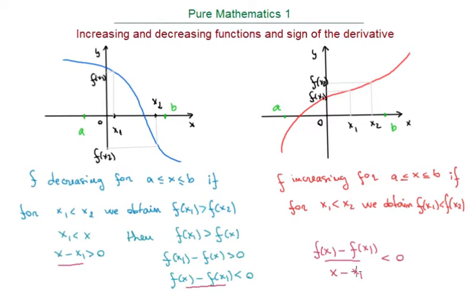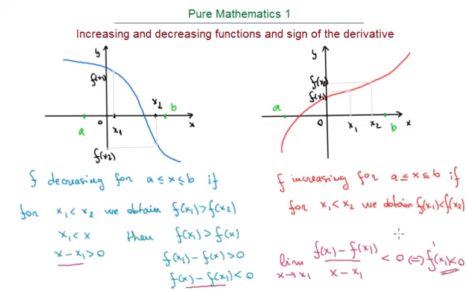Suppose we add to this the limit when x approaches x1. The limit when x approaches x1 of f of x minus f of x1 over x minus x1 is actually the derivative of f in x1.